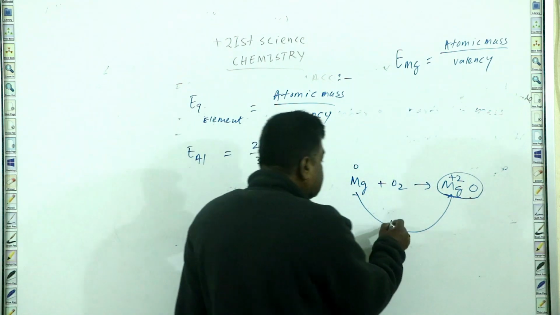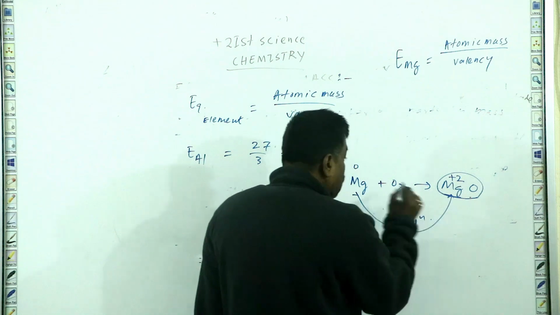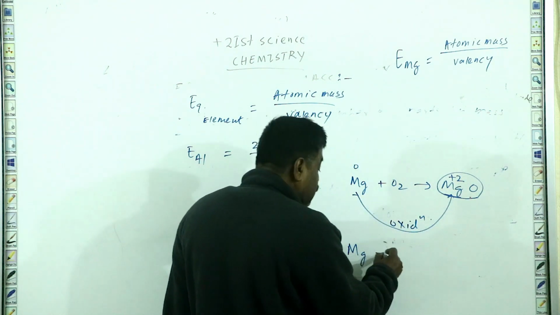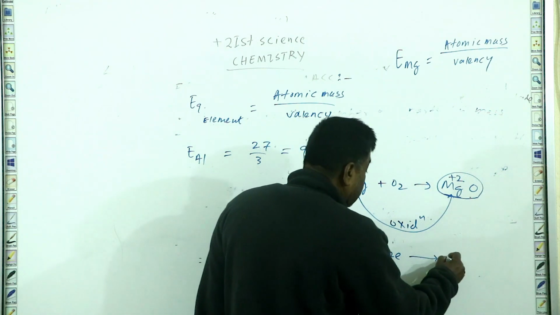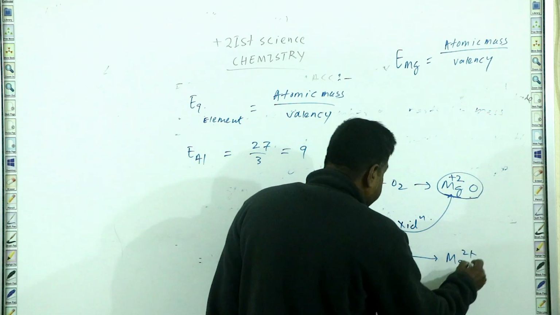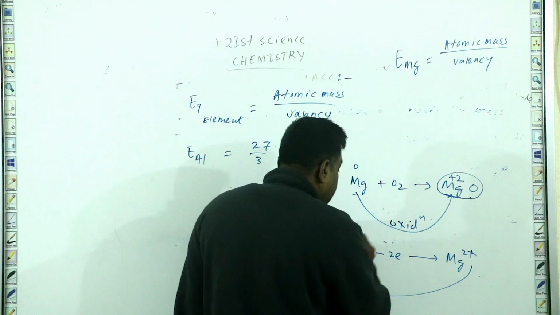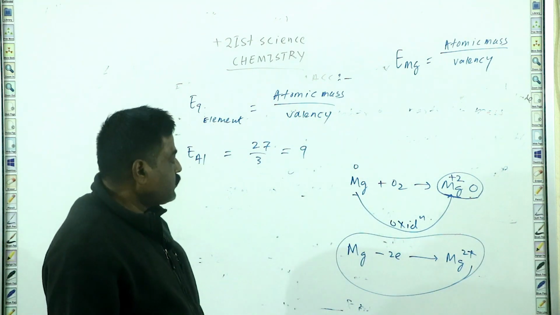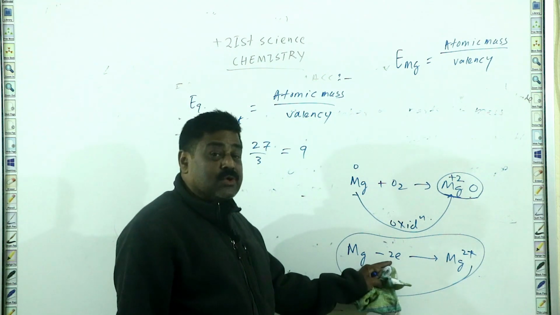When charge is decreased, that is called reduction. So here oxidation takes place. What happens here? The magnesium element loses 2 electrons to give magnesium ion, during the reaction at the electrode. So how many electrons were lost? 2 electrons.